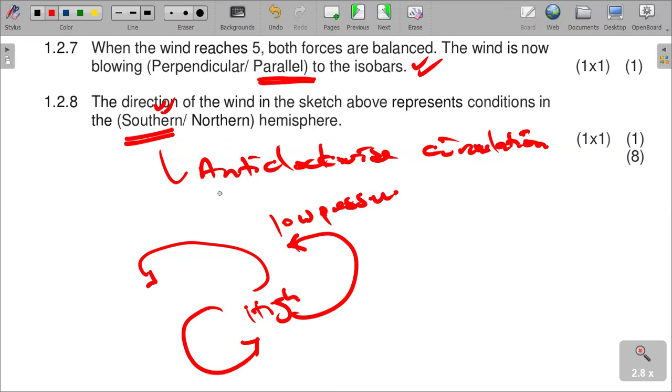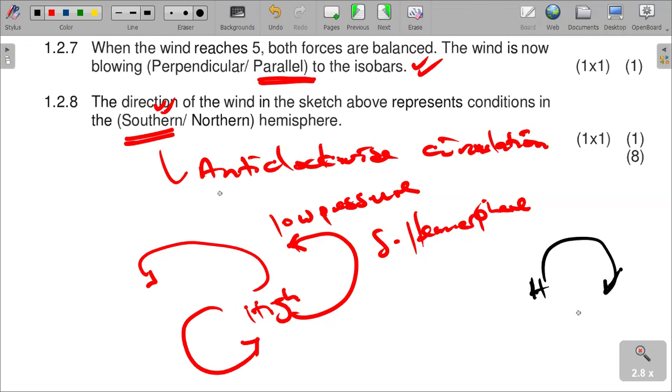I've already illustrated that air moves from high pressure to low pressure. This is a high pressure cell, so it tends to move from the center in an anti-clockwise direction. This is a southern hemisphere condition. However, we can have the northern hemisphere, which is also our high pressure again, where air moves in a clockwise motion.